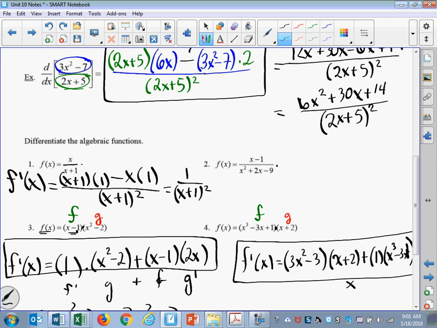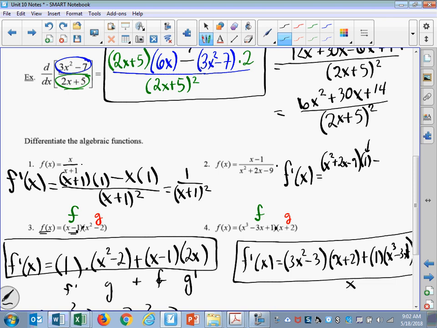Let's try number 2 here. So number 2, f prime. Okay. So we want low. You always start with the denominator. Low, d high, the derivative of the numerator is 1. You don't have to write that 1 in there. I'm writing it in there so that you can see that I'm actually multiplying by the derivative of the numerator. But the derivative of this x right there is just 1.